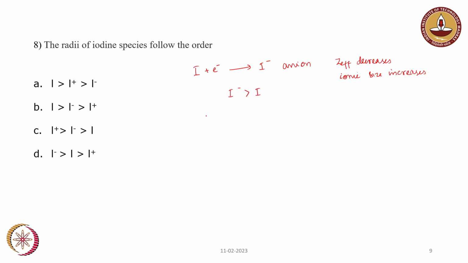And next one is I plus. I plus means one electron is removed from I. So it's a cation. When a cation is formed, the effective nuclear charge increases. As the effective nuclear charge increases, ionic size reduces.